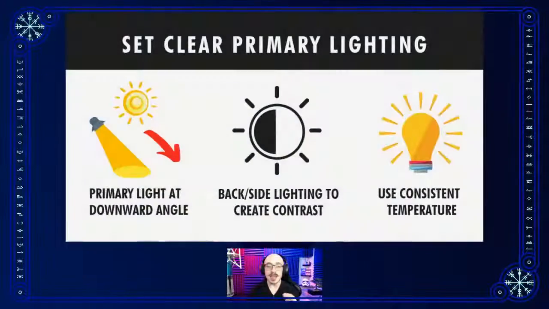So for me, my primary lighting is coming up from the side down over here. So anything you can do to make it feel like it's natural sunlight coming down on you is going to make the subconscious of the viewer feel like this is a natural light setting. So that's your biggest piece right there.